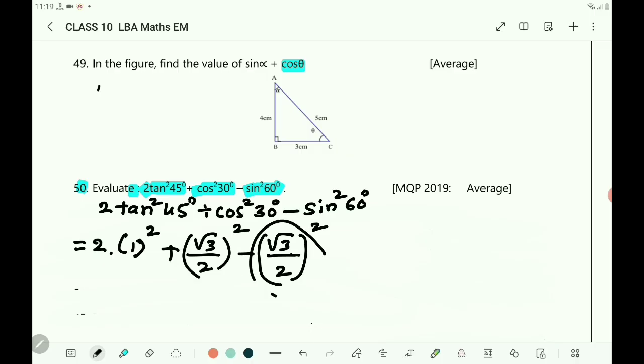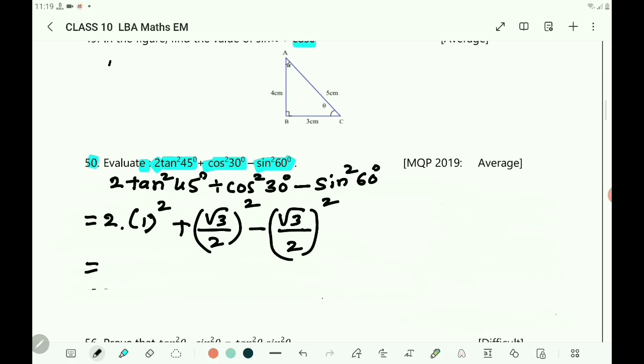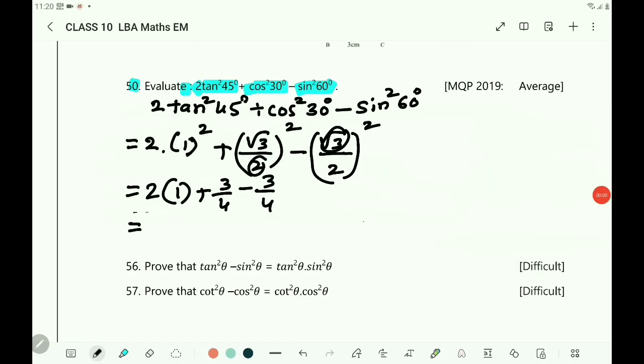So 2 into 1 square is 2, plus root 3 by 2 whole square is 3 by 4, minus 3 by 4. Root 3 whole square is 3, 2 square is 4. Plus 3 by 4 minus 3 by 4 cancels. What is remaining? 2 into 1 equals 2. So the expression is equal to 2.